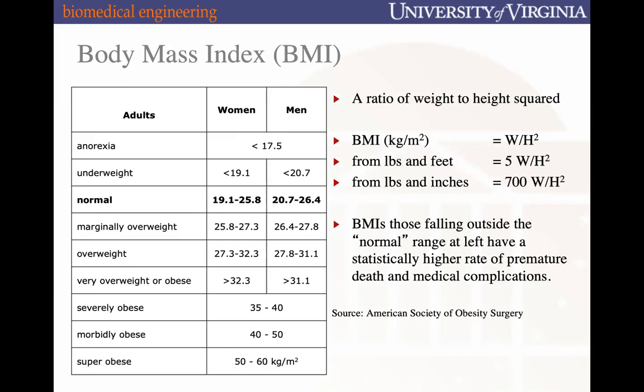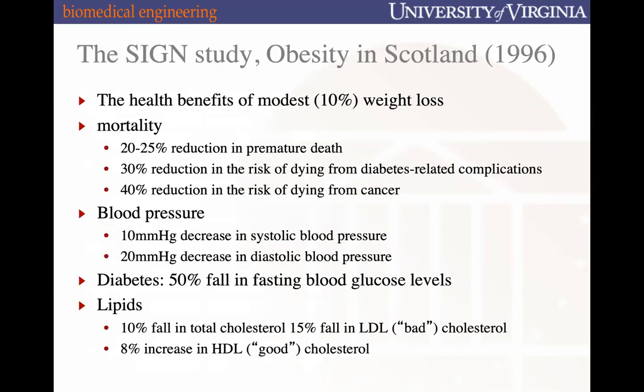But again, BMI is typically defined by your weight and height, or weight and surface area, and there are different categories under which people can fall. There was a study published 26 or 27 years ago that provided a really strong clinical indication that reducing body weight had a lot of positive outcomes.